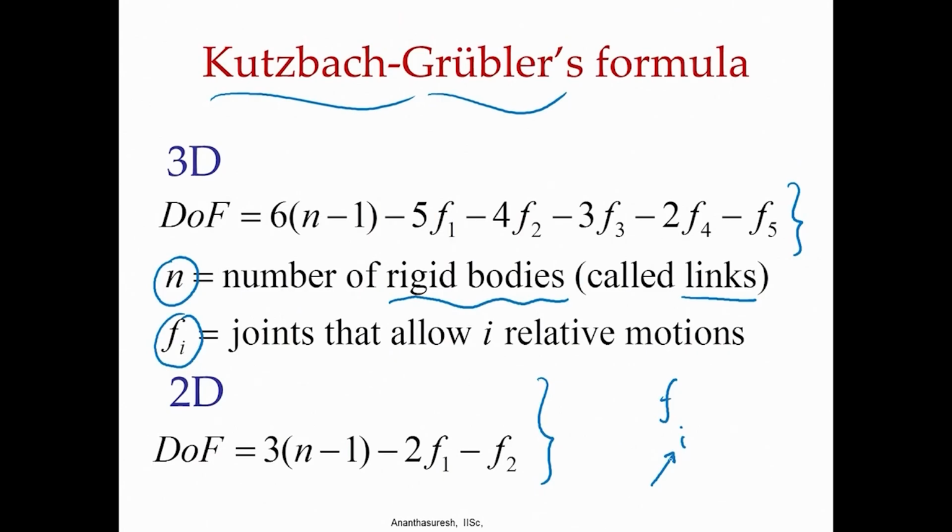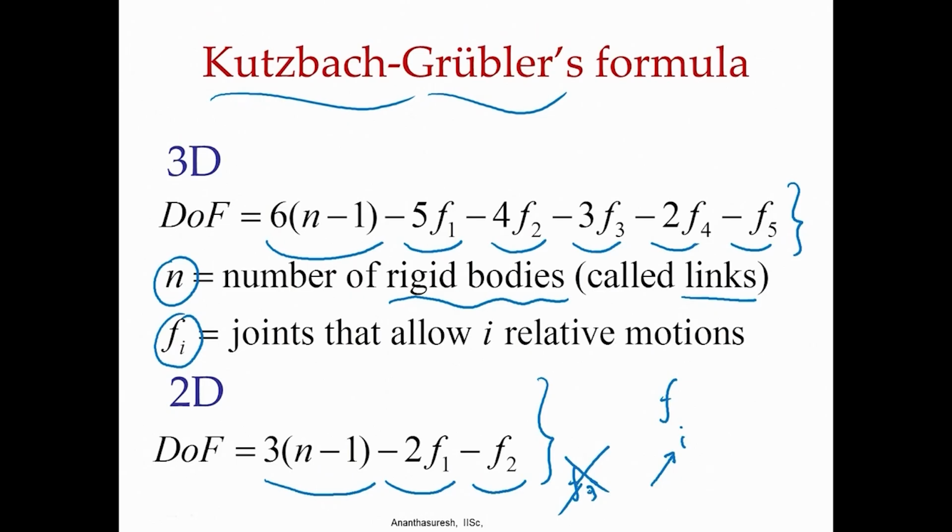So, that will be called F1. Its number of such joints is what F1 will indicate. Similarly, Fi. And in 2D we have the formula 3 times (n minus 1) minus 2F1 minus F2. In the case of 3D we have 6 times (n minus 1) minus 5F1 minus 4F2, and so on, all these are subtracted. Here F3 is absent, because if you say F3, it allows 3 degrees of relative motion.